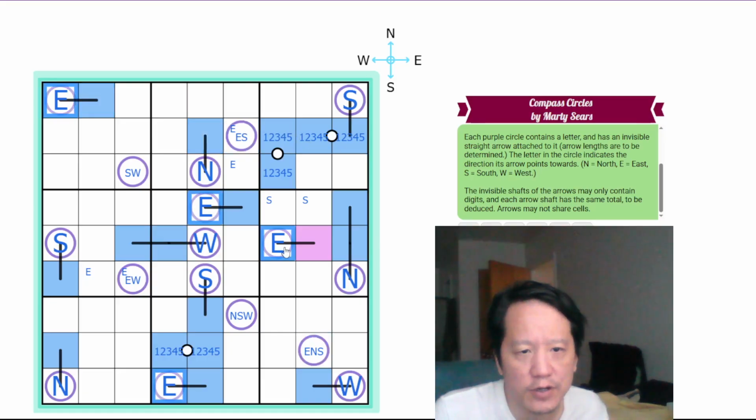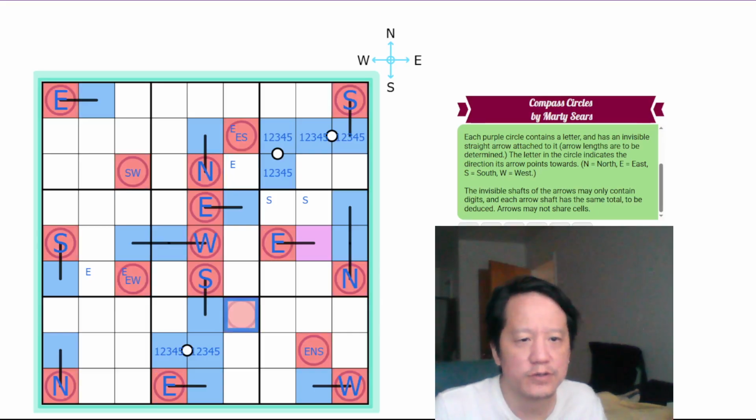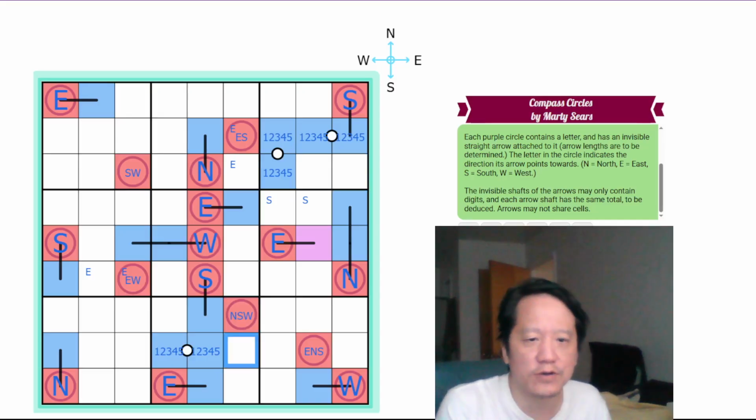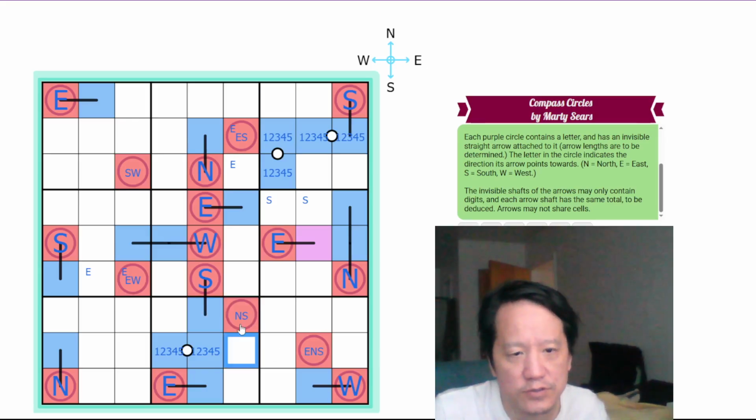And I guess we'll mark all these as red. Okay. Oops, I should not have deleted that one. Anyways, this is northwest or south. This cannot go west because it would share a cell with that, so this is north or south.